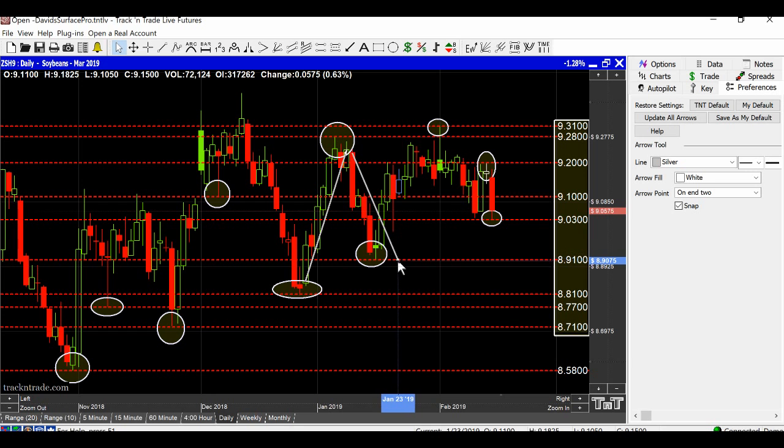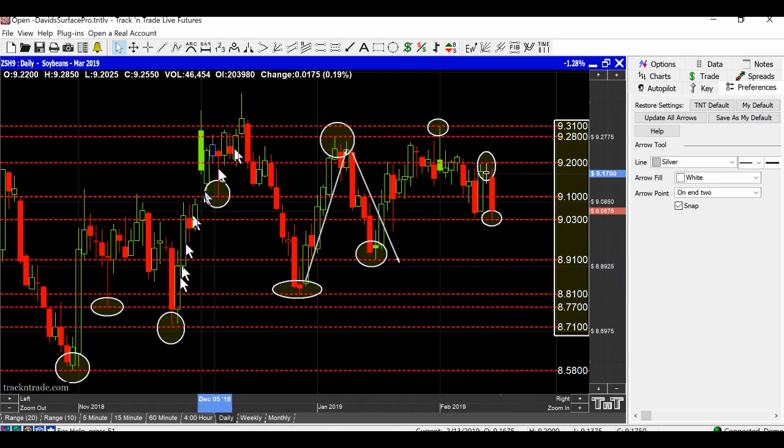You want a protective stop at an odd number just below it. In this case, like 90.75, 90.975, which is a tick underneath this. Here you'd want it at a tick underneath here if you had a protective stop, right?